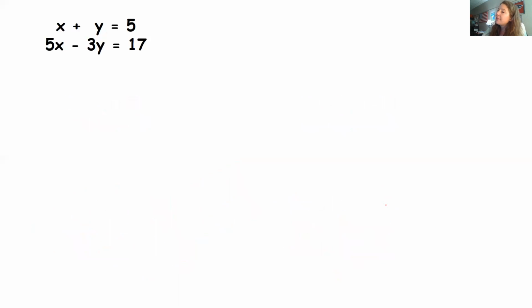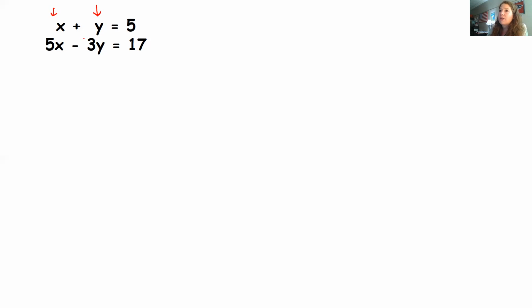All right, now on these problems, not only do we not have anything that will eliminate on its own, we also aren't going to have any coefficients that are the same. Which means we're going to have to multiply by numbers other than just 1.